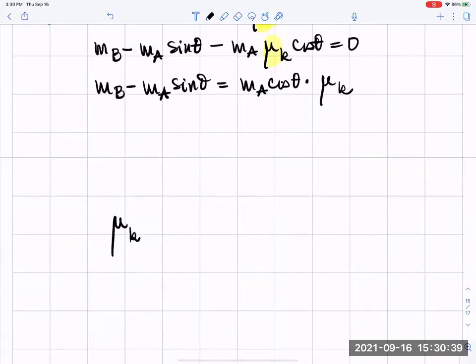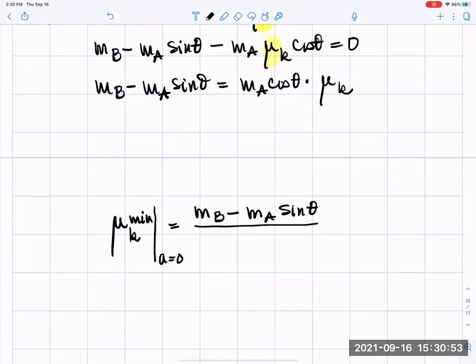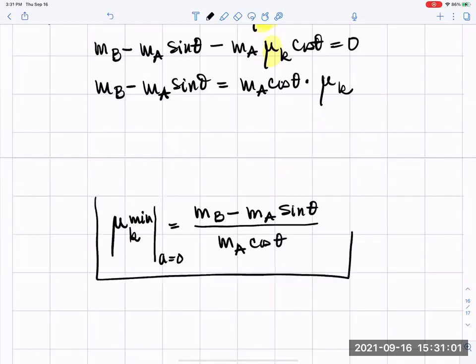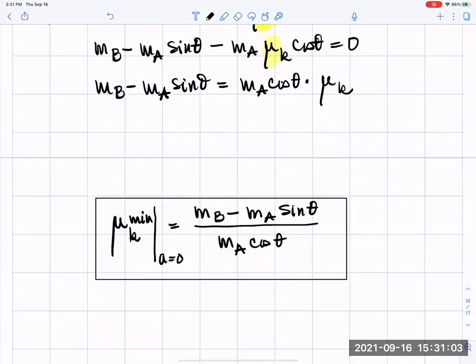I'm going to say mu K min, such as acceleration was 0, is equal to MB minus MA sine of theta, all divided by MA cosine of theta. And that is the answer for this particular problem.